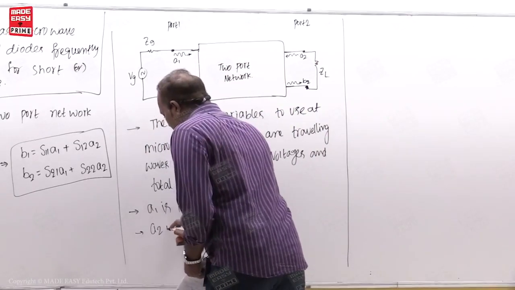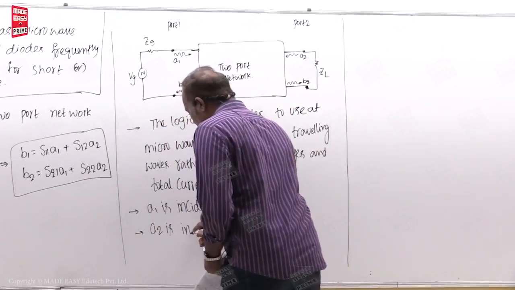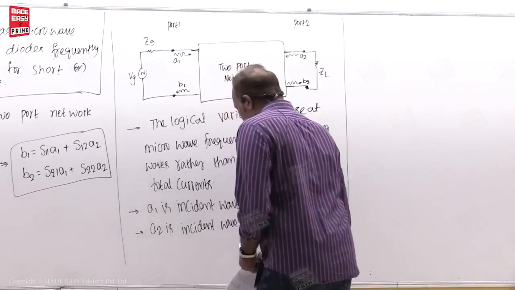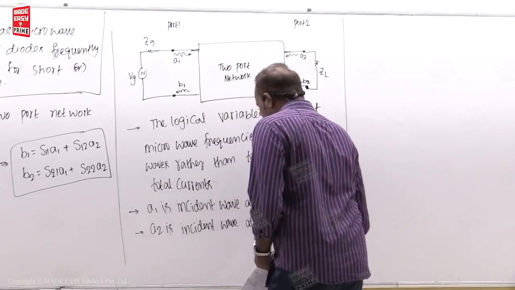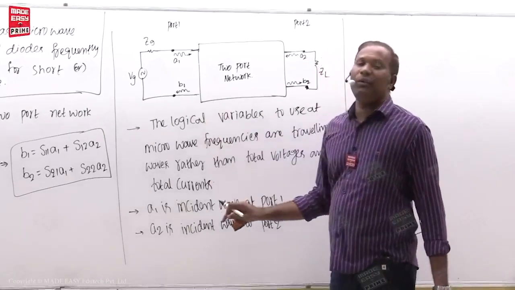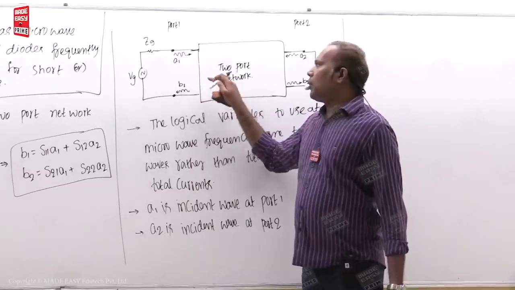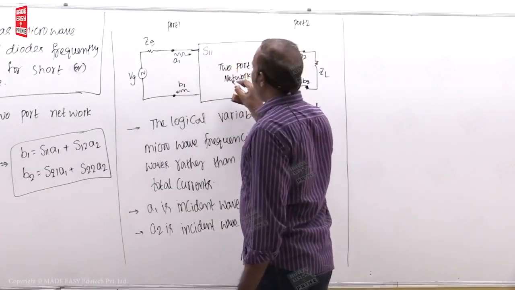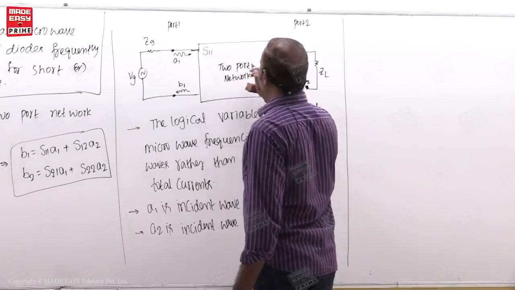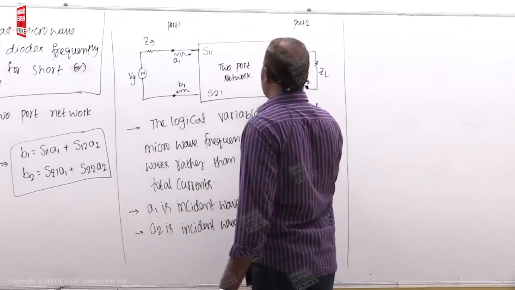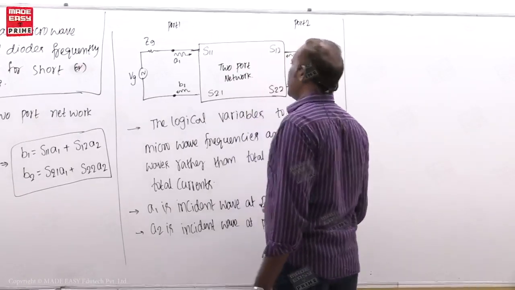Similarly, A2 is the incident wave at port 2. Incident wave means the high frequency signal entering into the port. So the two-port network is modeled in terms of S11, S12, S21, S22, the S matrix.